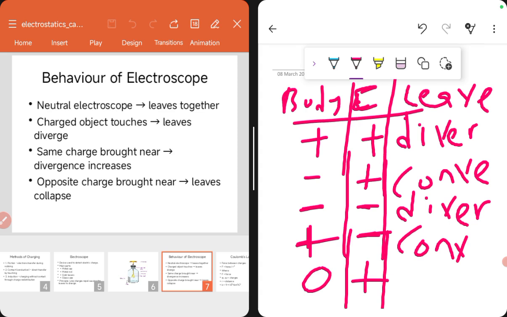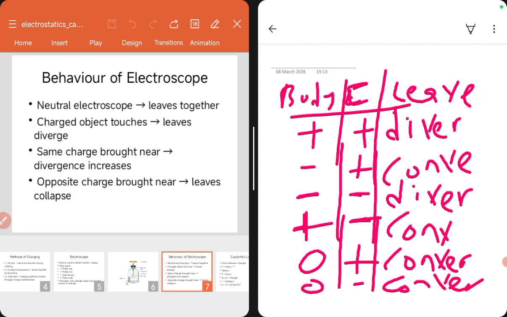It will look as though there's a coming together because there's no force here to cause a repulsion. So if it is uncharged, the leaves will still converge. If here is uncharged and here is still negative, they will still converge, because there's no reason for them to be diverging. Diverging means to separate, which means to show a repulsion.